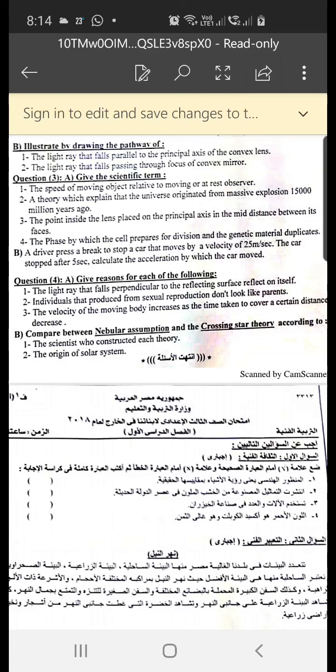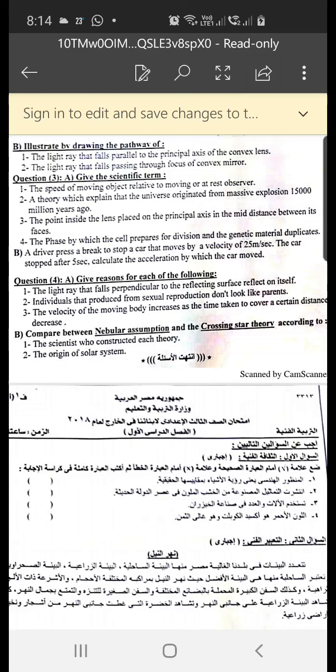And also due to the meiotic division, which includes the crossing over phenomenon, which ensures new genetic arrangement or genetic variation.